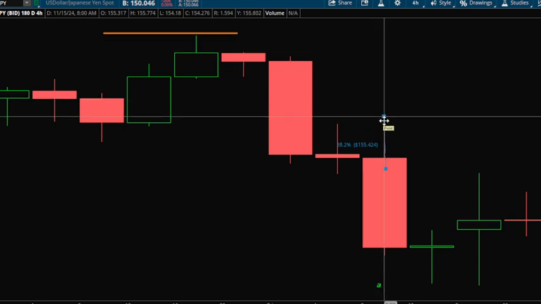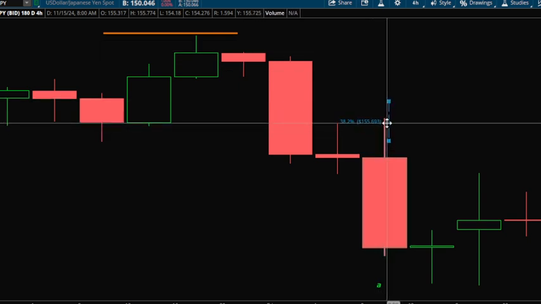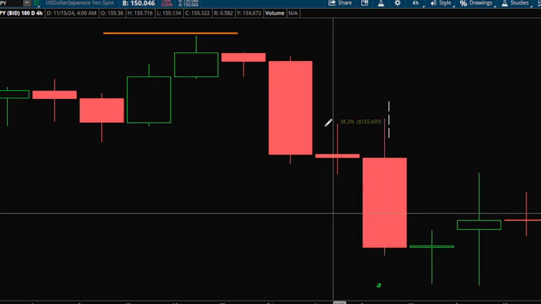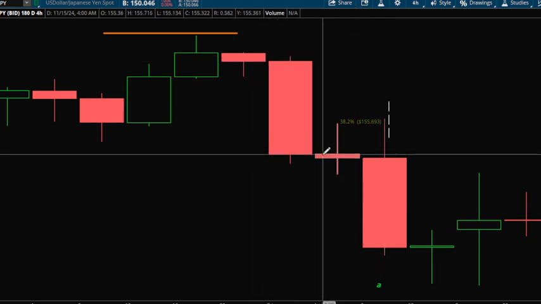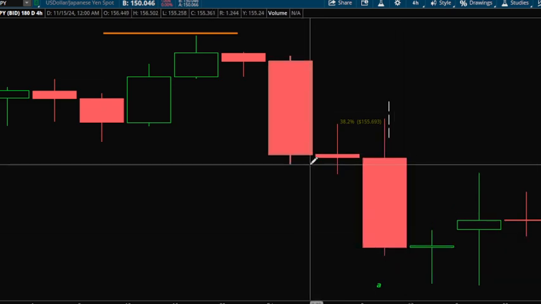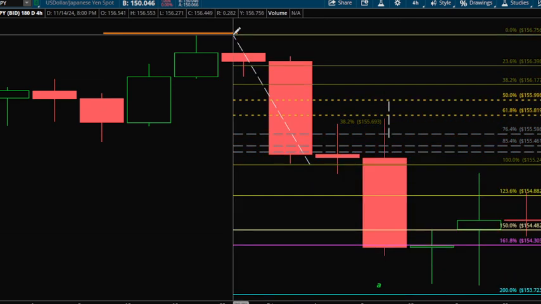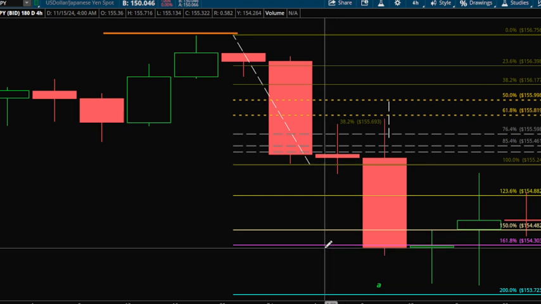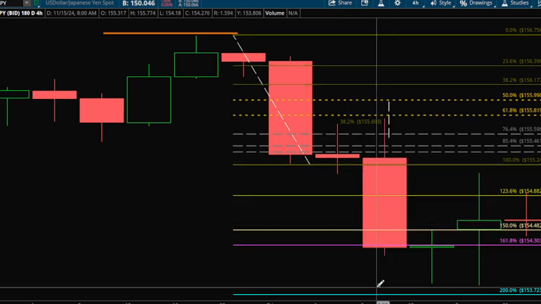All right. So now we have an A and a B. So now we got to get our C targets. Here's a 161.8, landed right on it.